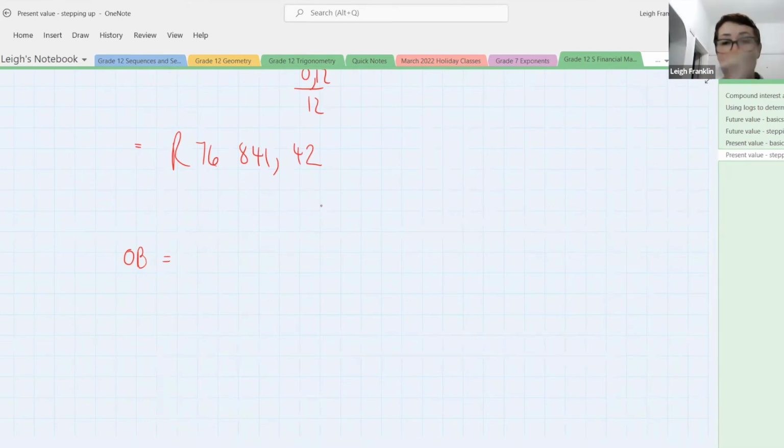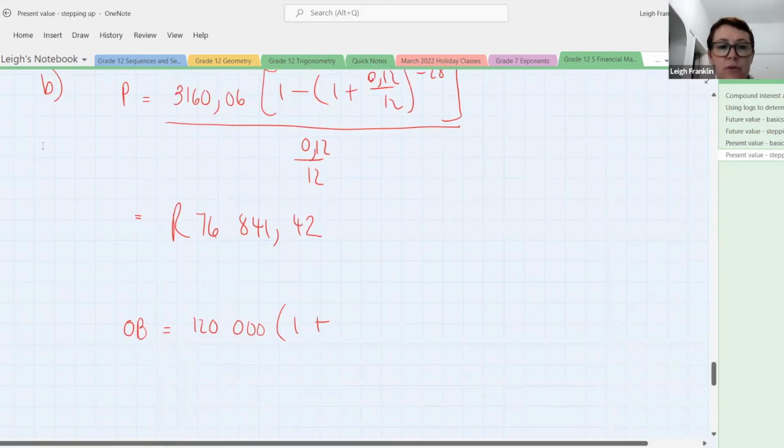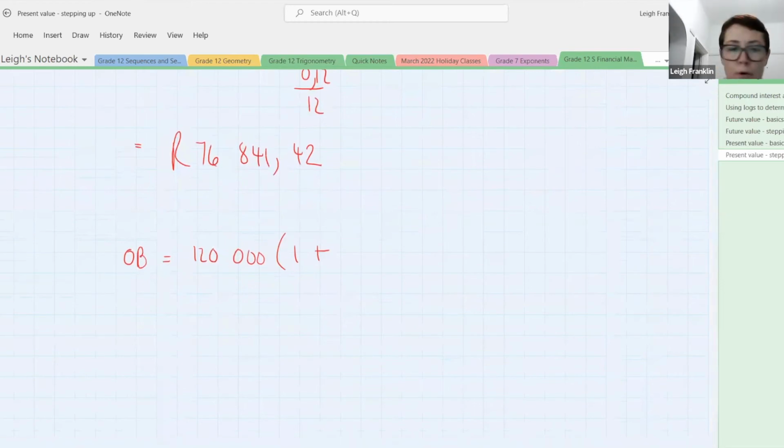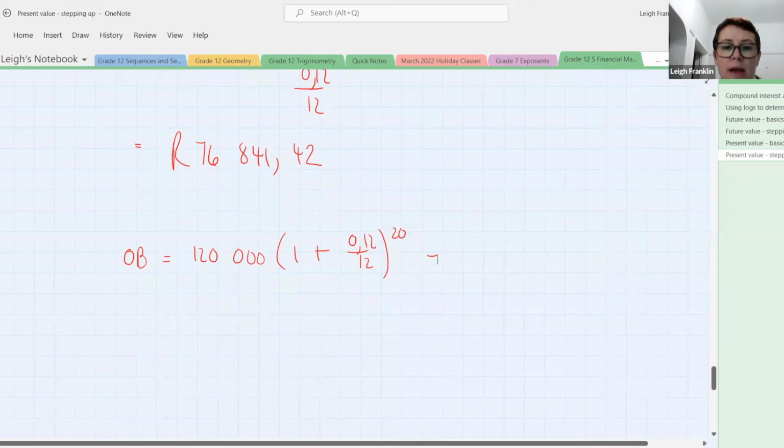So it's A minus FV. A is 120,000, 1 plus 0.12 over 12. How many payments have been made? 20. So this also has to be to the power of 20, minus the future value of our payments.